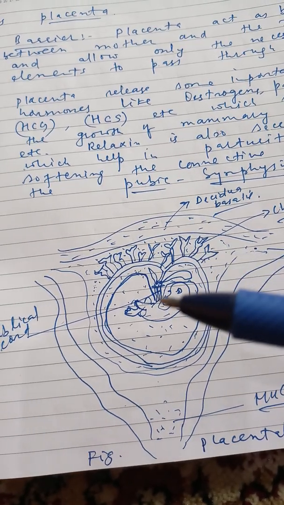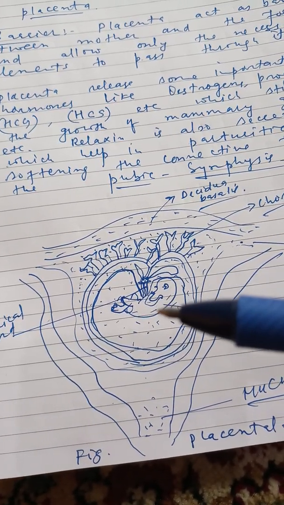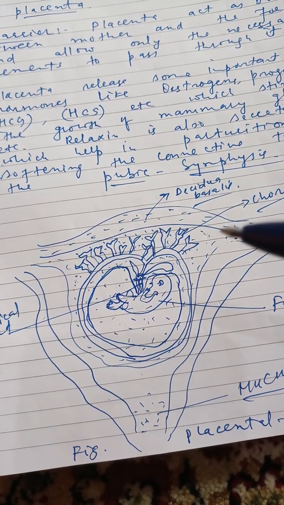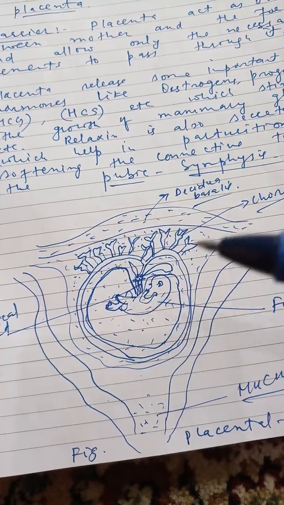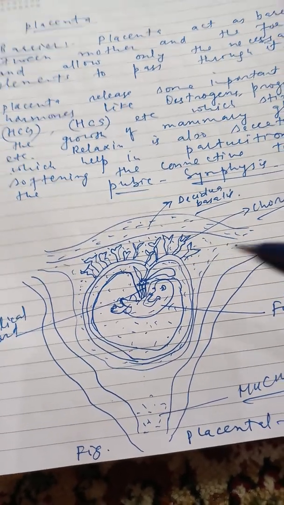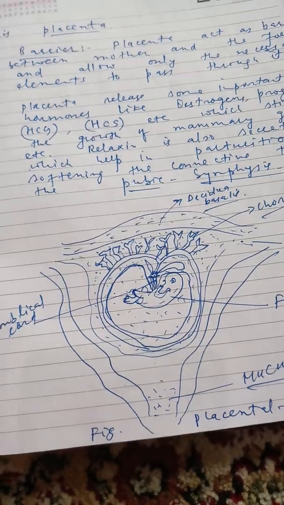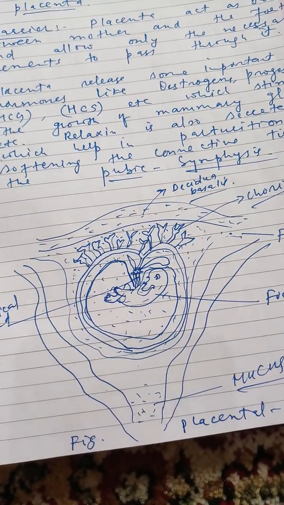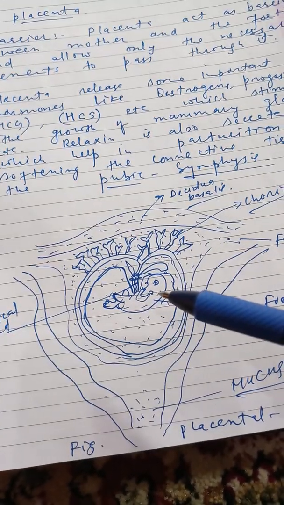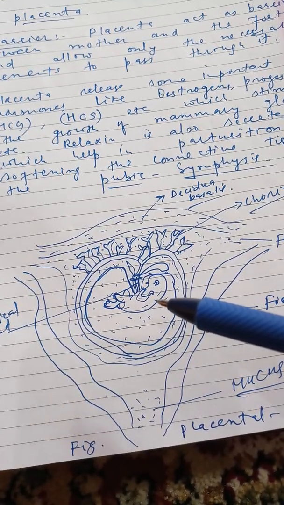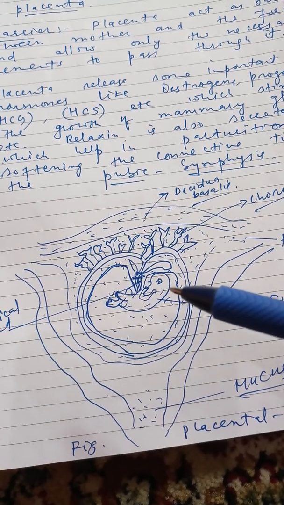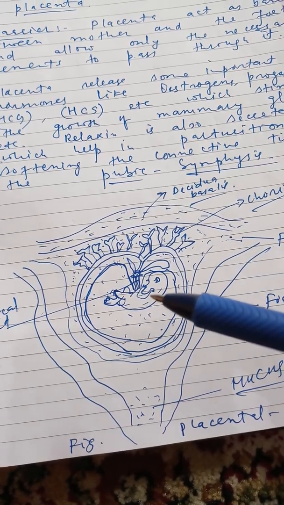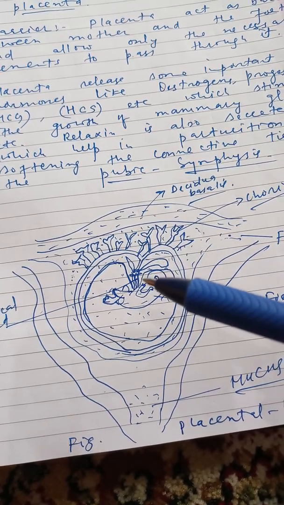So the main function of the placenta is nutrition: all the nutritive materials are supplied from the mother's side to the developing foetus through this placenta. This is the first and foremost function of the placenta. The next function is that oxygen is very important for its life activities and development, so oxygen is carried from the mother's side to the developing foetus through this placenta.